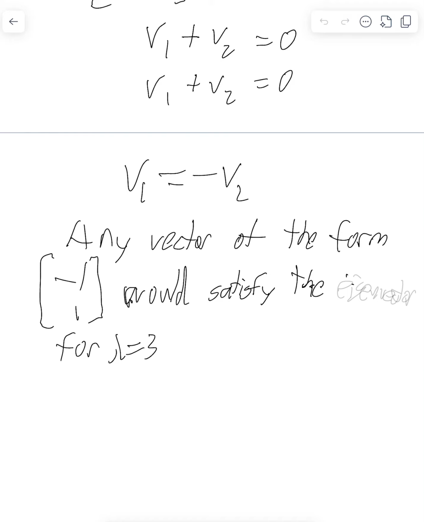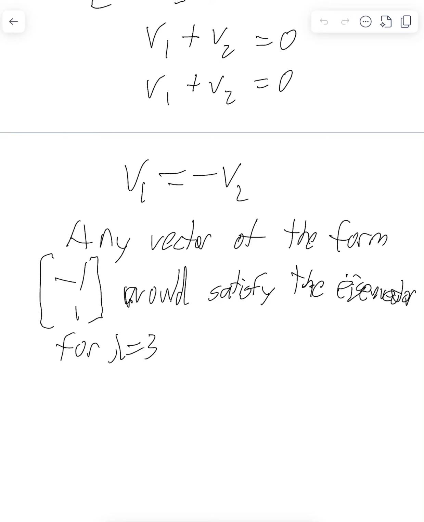So any vector of this form should be an eigenvector. I'll just rewrite that. Apologies for my handwriting again.